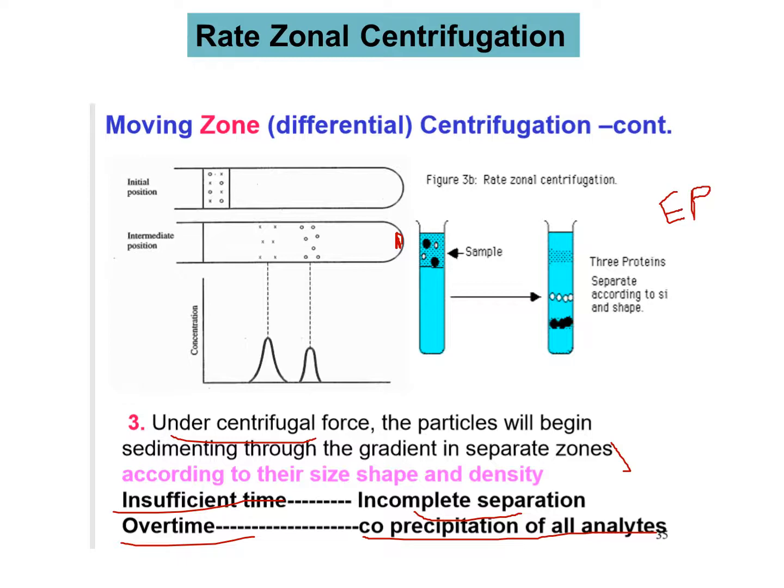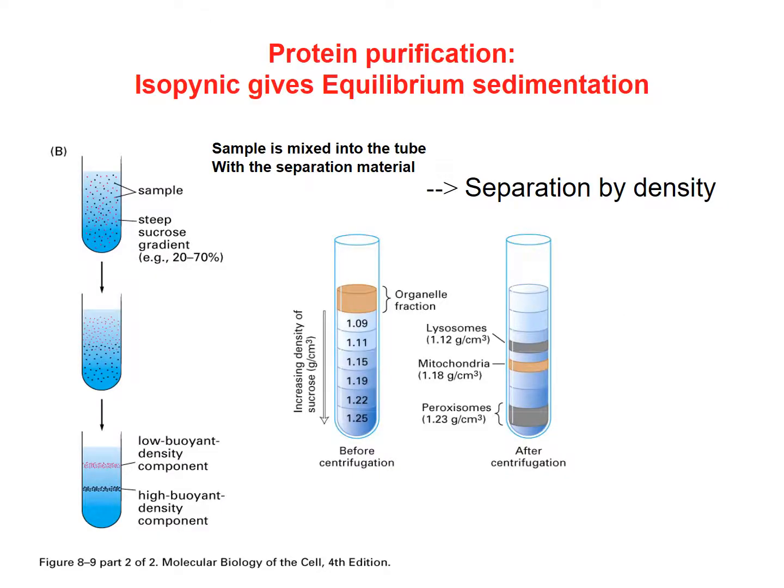Okay, empirical studies here. Now we're moving to the second type, and it's called isopycnic, also known, to trick students, no, as equilibrium sedimentation centrifugation. Goodness, isopycnic is shorter, right? So notice the first thing that's critical.